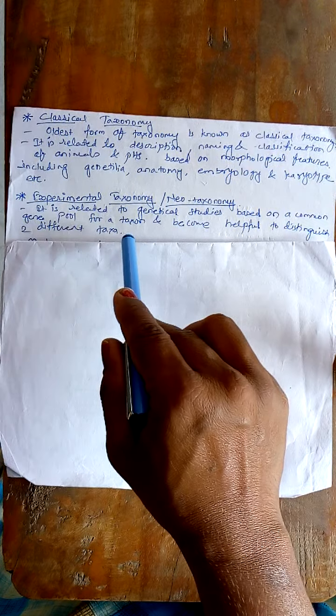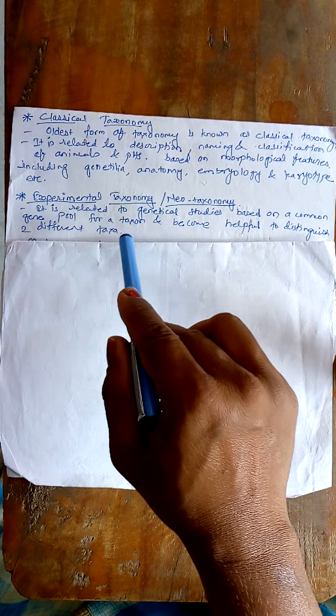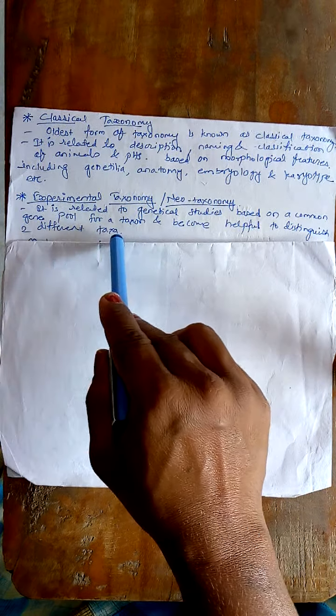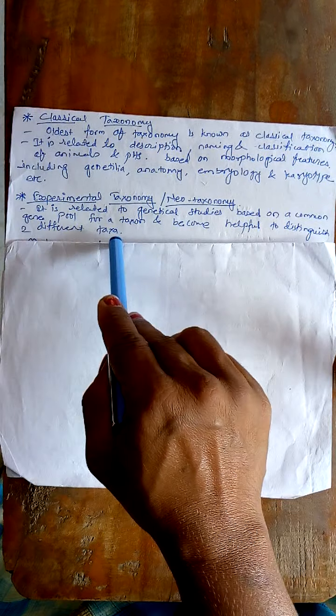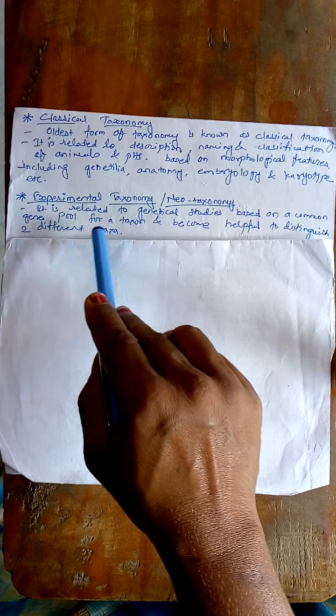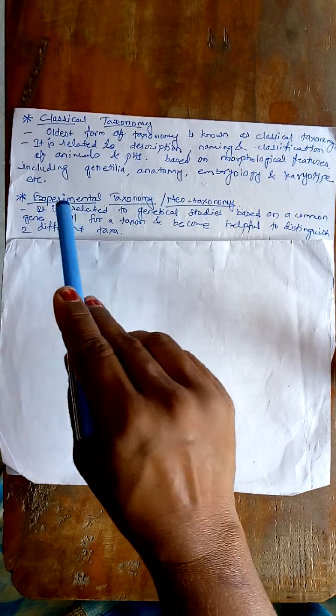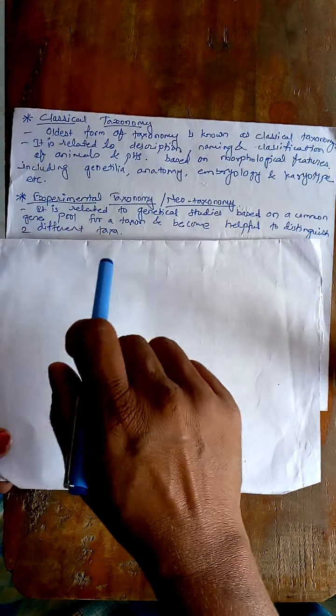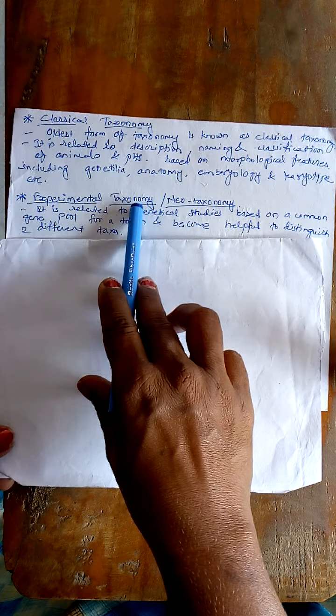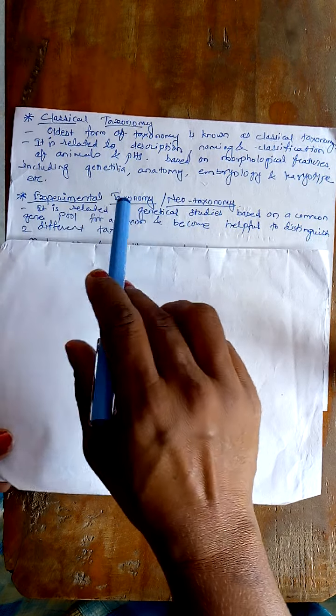And when they are different, we make two different taxa. So it becomes very easy to distinguish two different taxa depending on the study of the gene pool. That's why experimental taxonomy is more authentic.